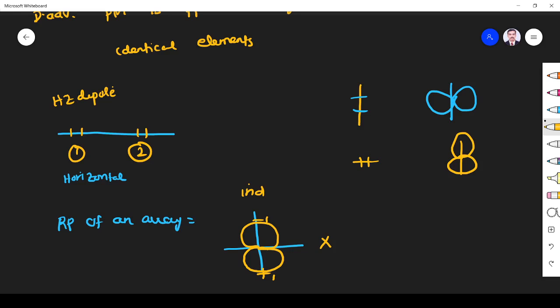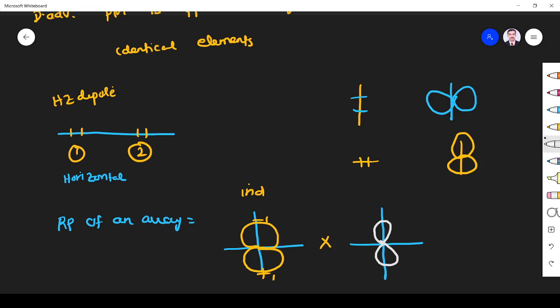Multiply by the group pattern. We know for a 2-element array what the group pattern is. If you have any doubt, please refer to my video on the array of 2 point sources. We know the pattern will be like 8.